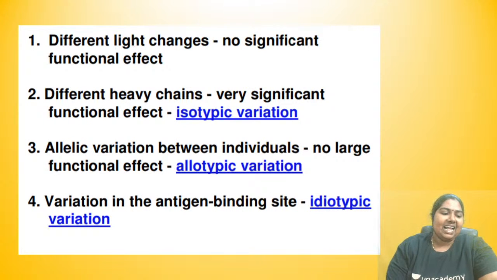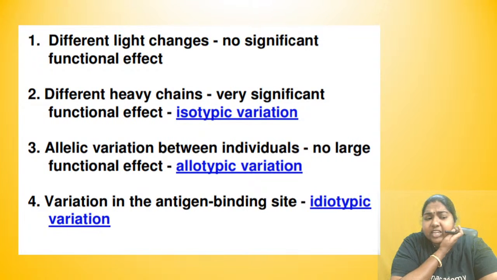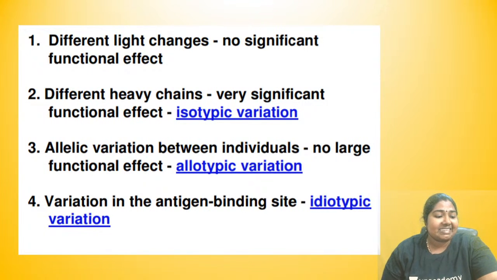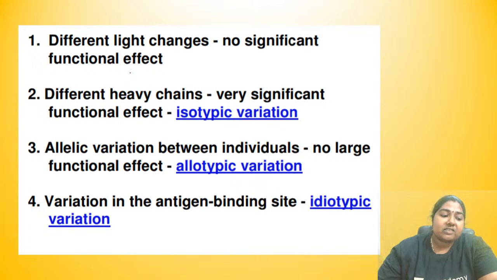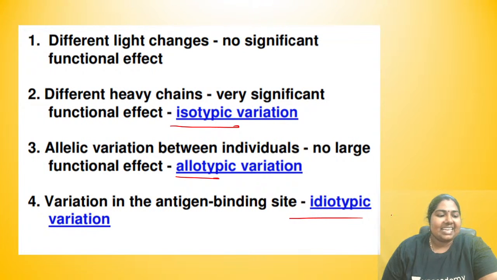Correct. And one more concept very frequently asked is this. This is going to be the idiotypic, isotypic and allotypic variation. So what is this isotypic? Isotypic means they have a very significant functional effect.